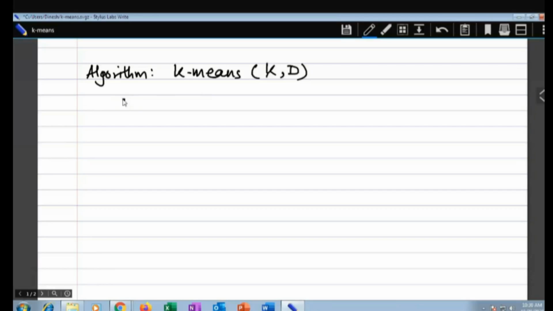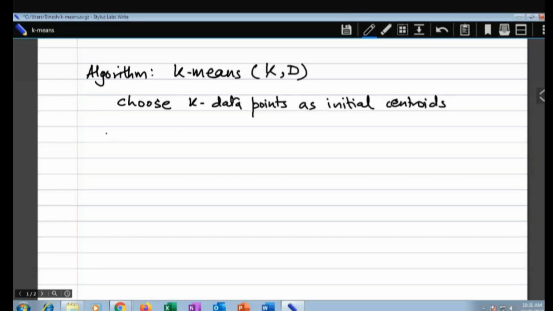Then I say choose k data points as the initial cluster centroids. Then you will repeat until the stop criteria or some exit condition is triggered.